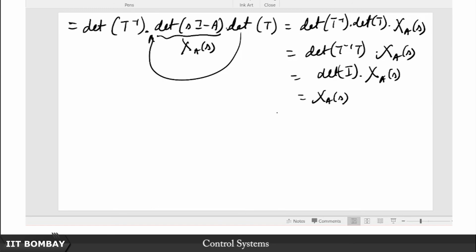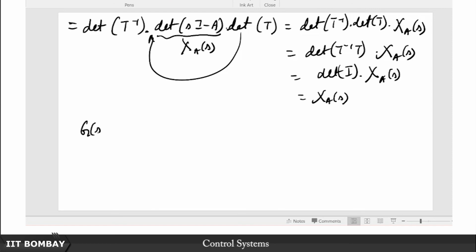It's a very important detail that the characteristic polynomial is invariant, and therefore the poles and the eigenvalues are also invariant, but I have still not shown you that the transfer function is also going to be invariant under this similarity transformation. So let's quickly try and show that. In fact we will be using the same trick again.